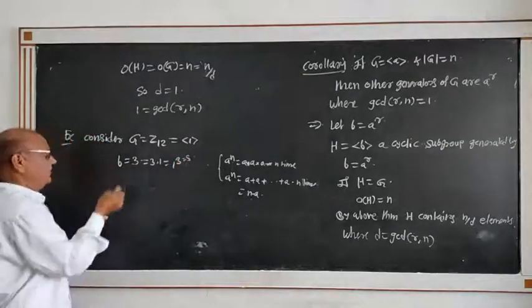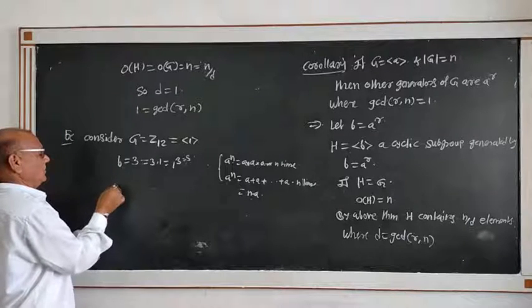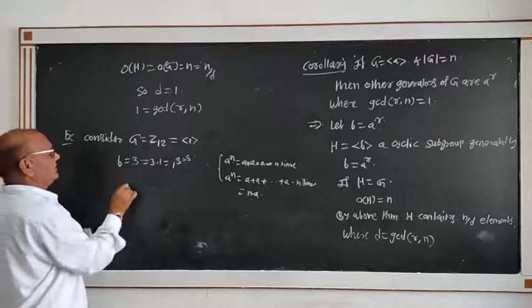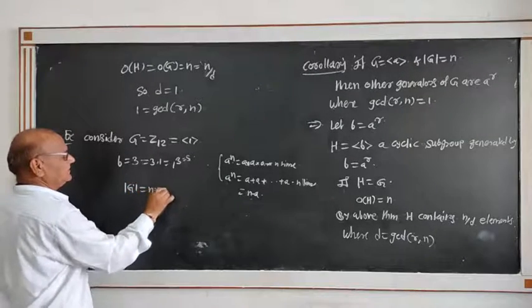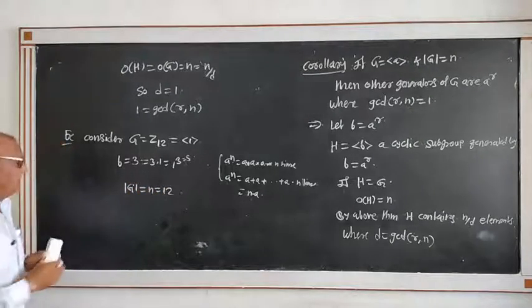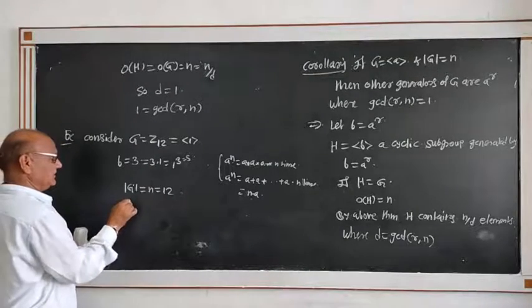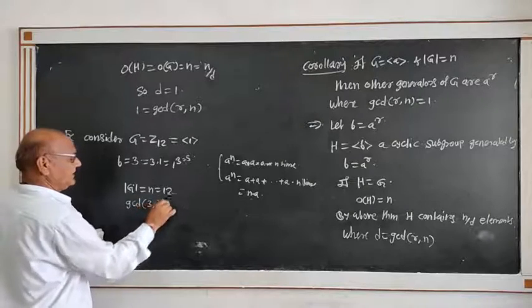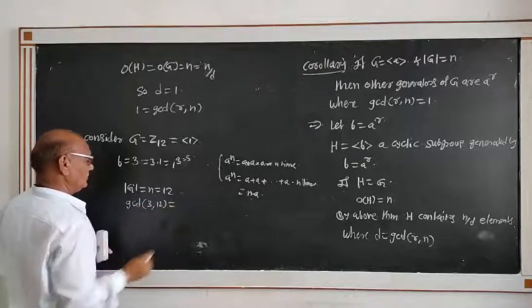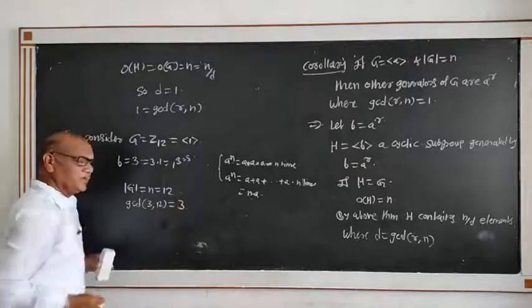Okay. Now here the order of G is equal to n, this is equal to 12. GCD of 3 and 12 is equal to 3.